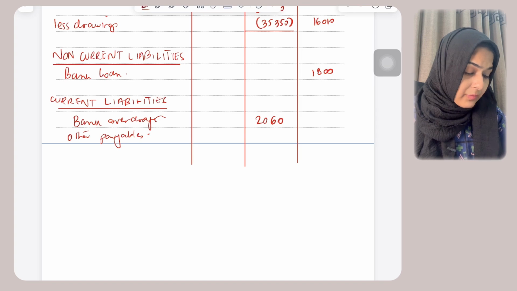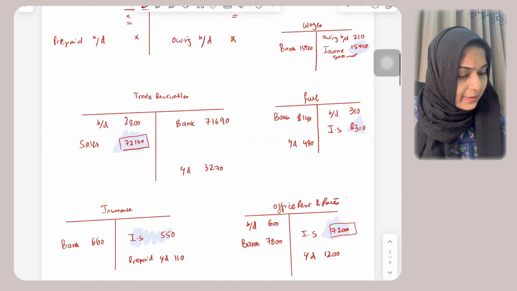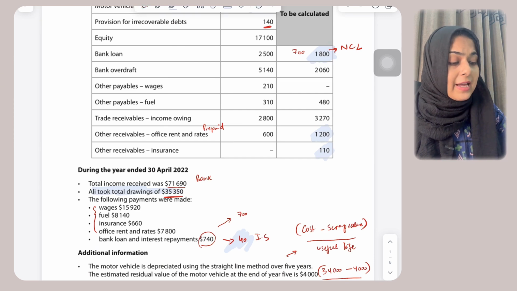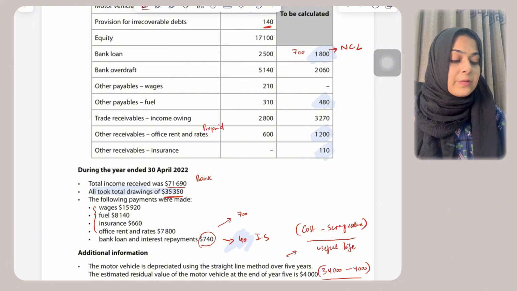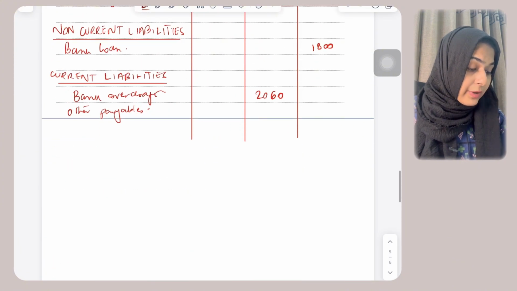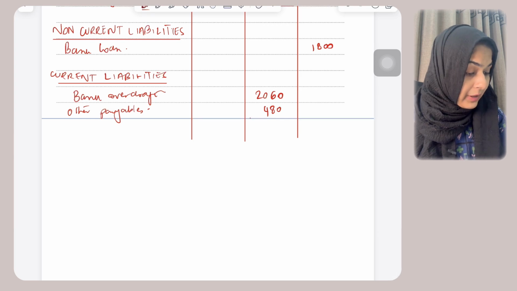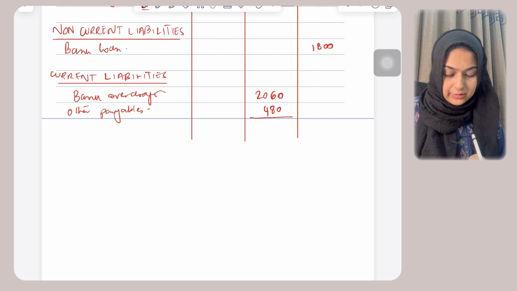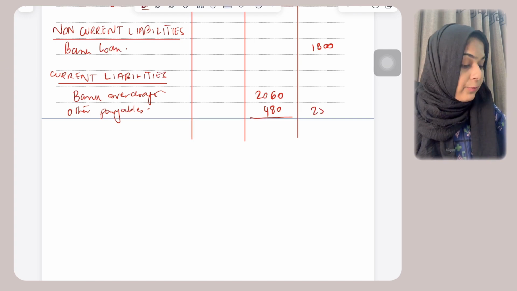Then I have an other payable. Owing expenses at end is other payables for fuel, which is 480. I just have one other payable here, that is for fuel, so I'll simply write 480 here. This will add up to 2,060 plus 480, which gives me 2,540.